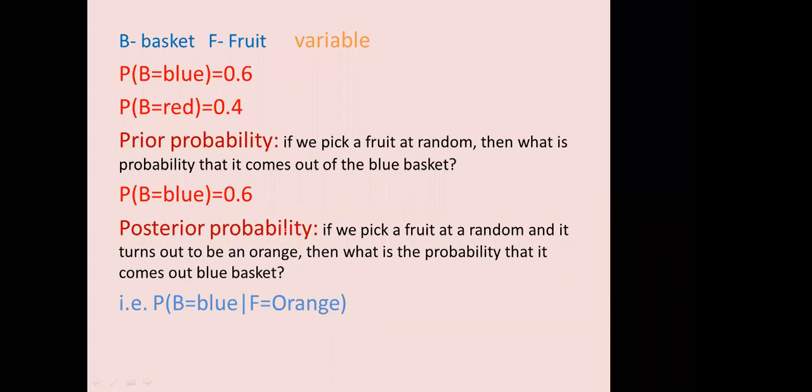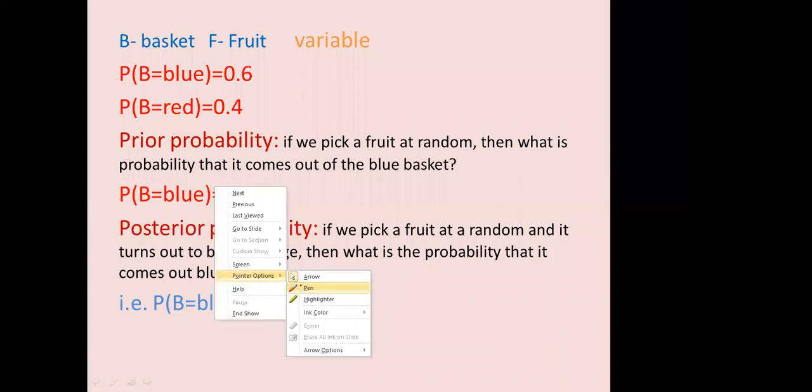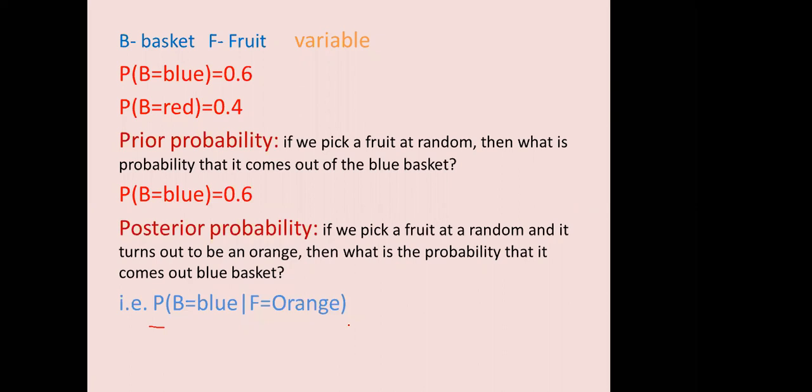Now we have another question, additional to this one. If we pick a fruit at random, and now we know this fruit is an orange, then what is the probability that it comes out of the blue basket? That is the probability that the basket is blue, given the condition that the fruit is orange.